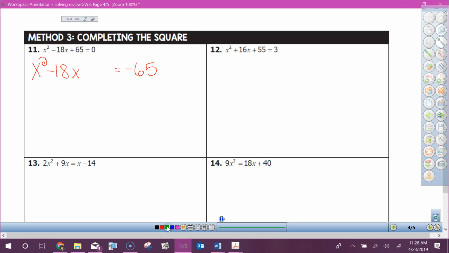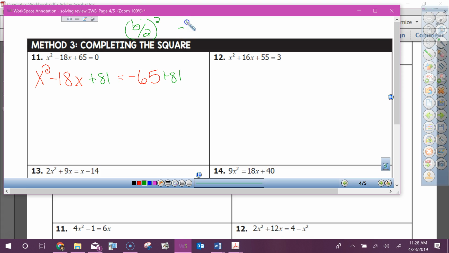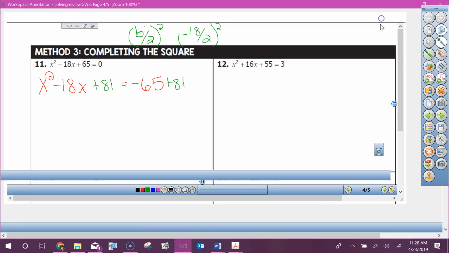What do I do with that 81? I'm going to add 81. So I took b divided by 2 and squared it. So in this case, it was negative 18 divided by 2 squared. I'm just writing it out for those that are viewing at home.